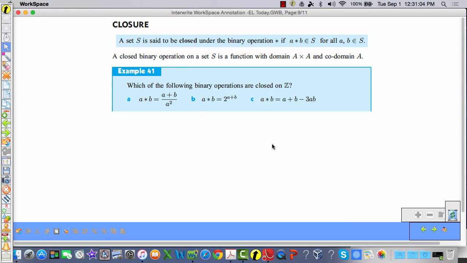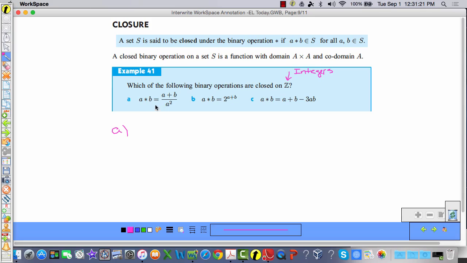So let's take a look at this. So A, which of the following binary operations are closed on Z? Well, you have to understand that Z is, boys and girls, that is the set of integers, okay?